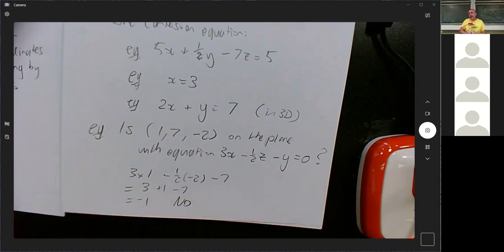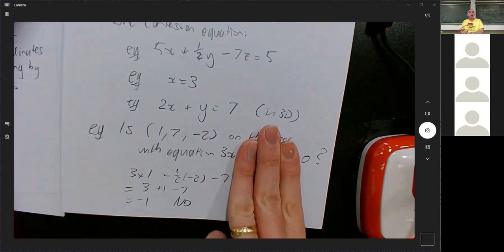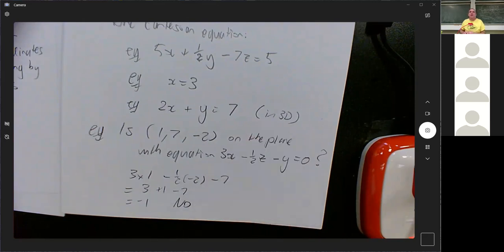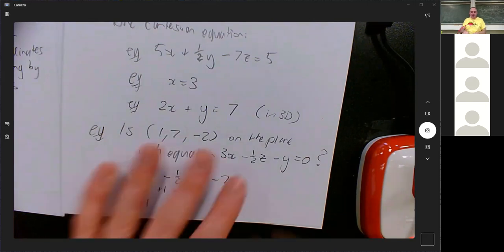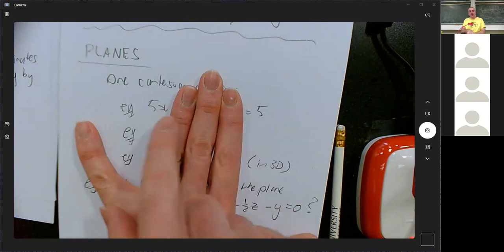You can actually figure out the x and the y and the z intercepts. If z and y are both 0, x is 0. Actually, this one passes through the origin because 3 times 0 minus a half times 0 minus 0 is 0. So this one does in fact pass through the point 0, 0, 0. That's where it meets all 3 of the axes. But this plane, when y and z are both 0, x is 1.